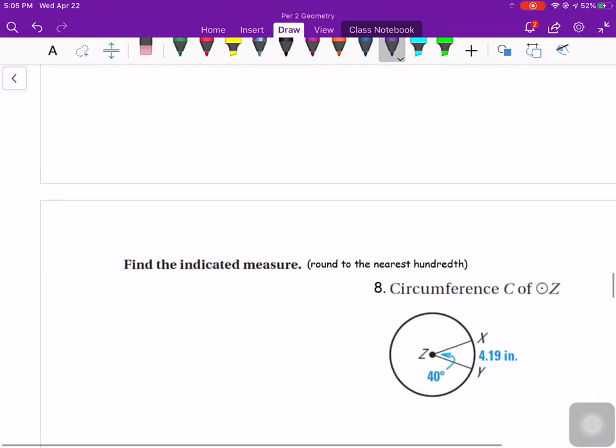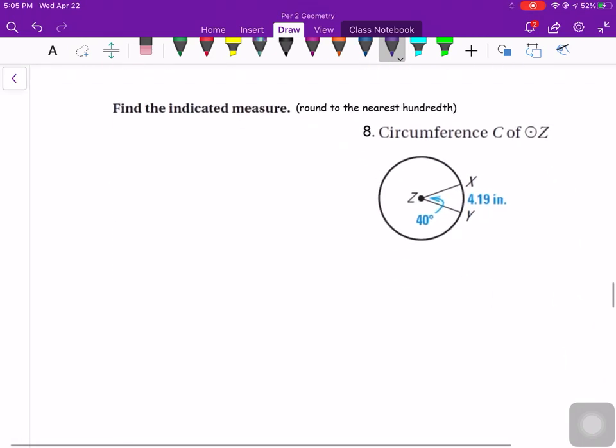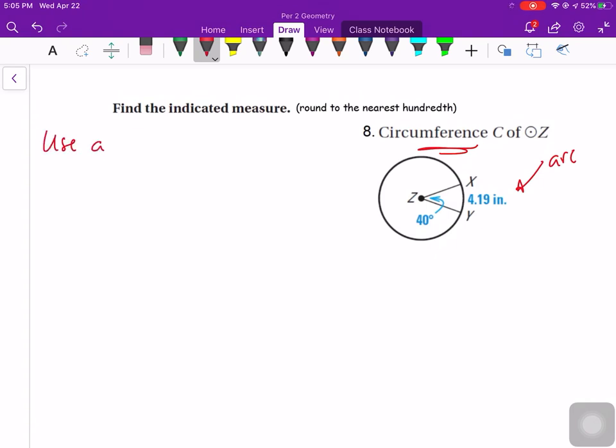Number 8 is a slightly different type of problem. In number 8, they've asked us to find the circumference. And they've given us information about the arc. Whenever they give you information about the arc length, the part of the circle, and they ask you to find something about the full circle, you're going to use a proportion.